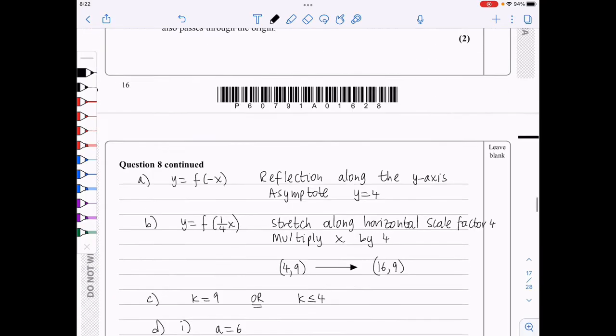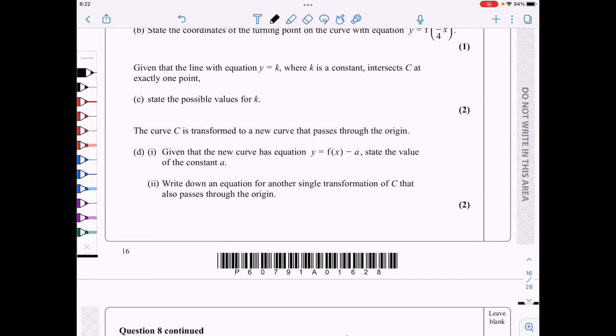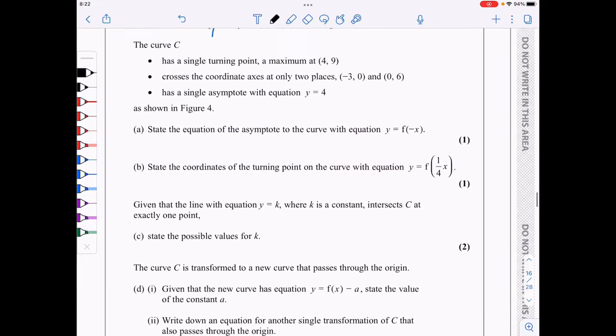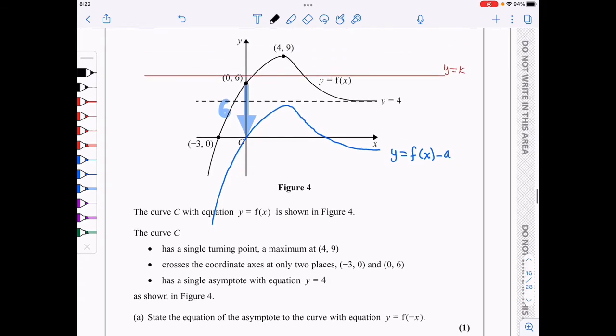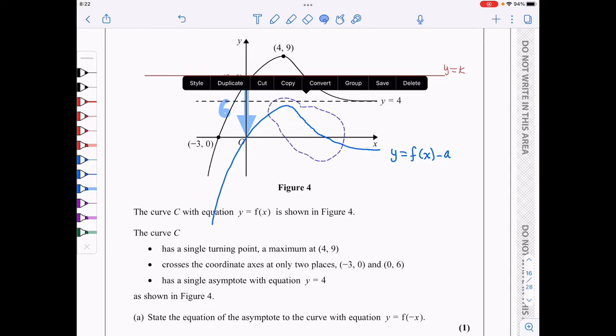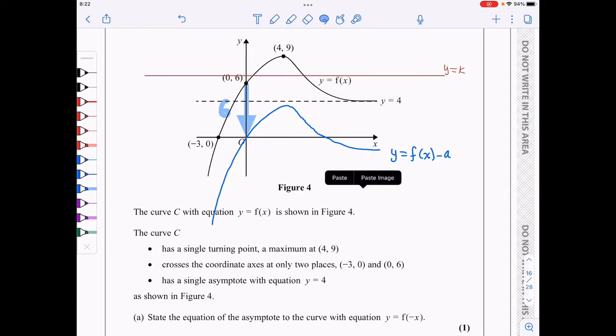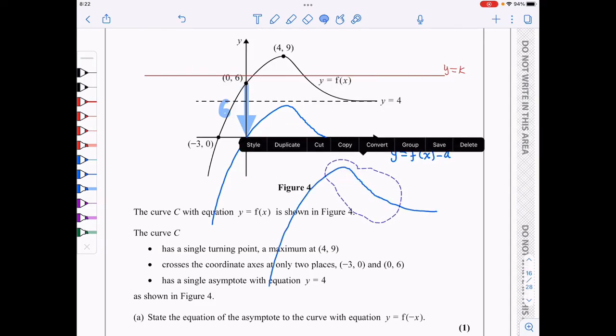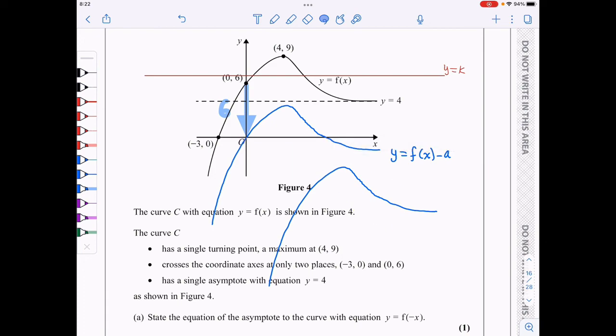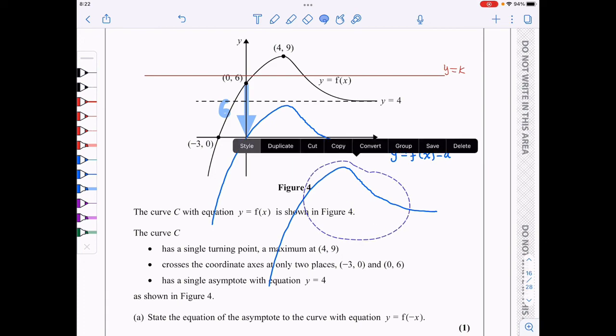Then in II, we need to write down an equation for another single transformation of C that also passes through the origin. So another way would be to actually take the curve and instead of shifting it up or down, we will translate it left or right.